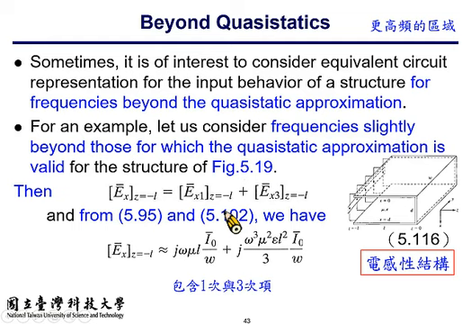So the electrical field can be approximated as the summation of first and third order term, that is J omega mu L times I over W plus J times omega to the cube times mu squared times epsilon L squared, and so on.